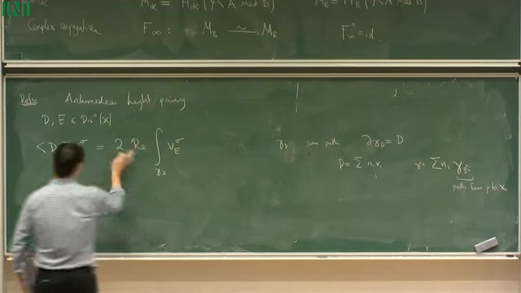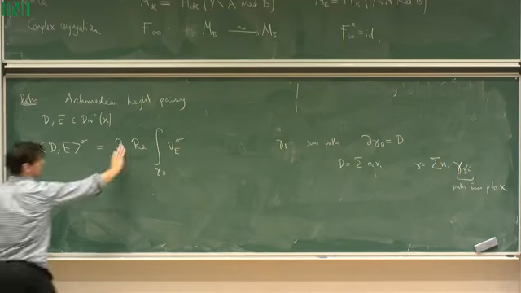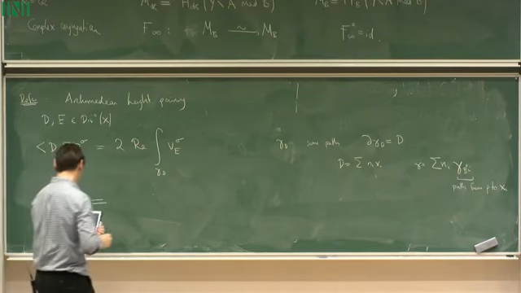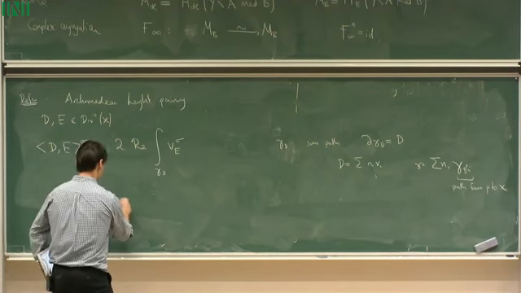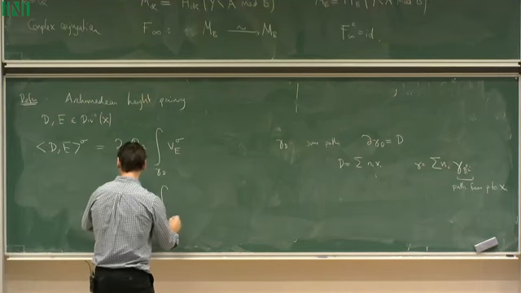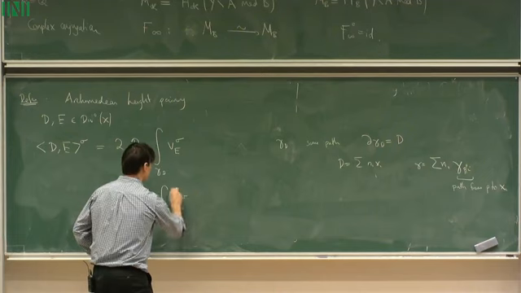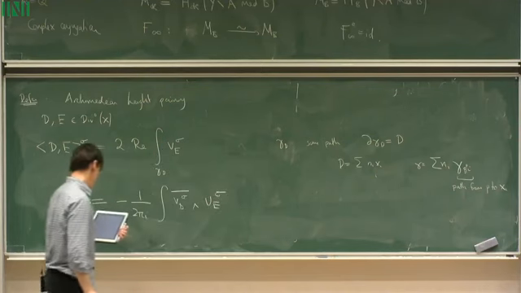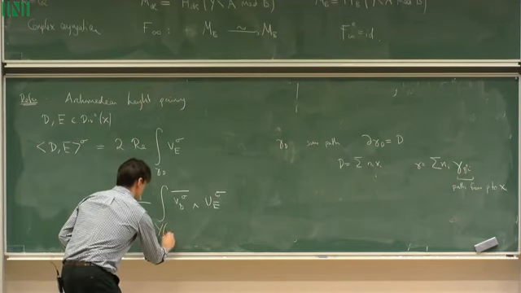Okay, so this looks like it's a bit single valued because you're taking real and imaginary parts of periods, which is the whole business. And in fact, if you dig around in the literature, you find that the Archimedean height pairing has this nice formula, 1 over 2 pi i integral of nu_d sigma bar wedge nu_e sigma, integrated over the complex points.